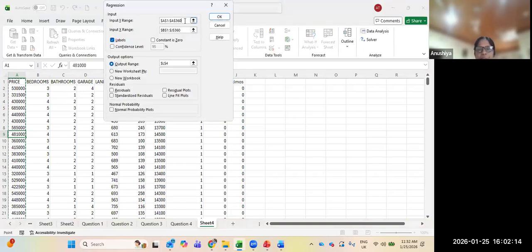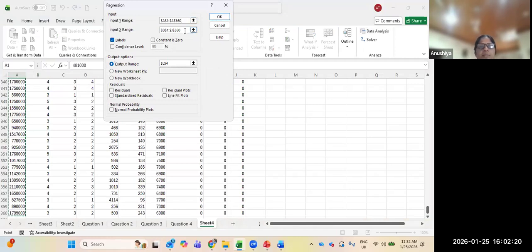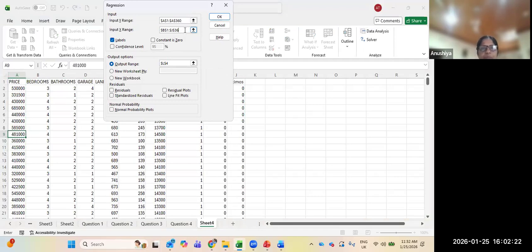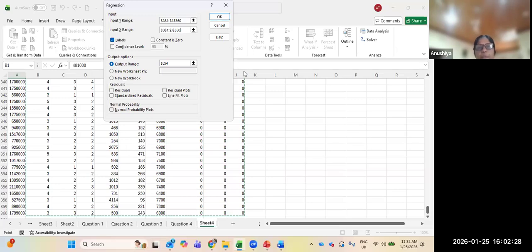I select the dependent variable as price and then the independent variables, from bedrooms to the suburb, all the household characteristics as well as all the suburb characteristics I included.